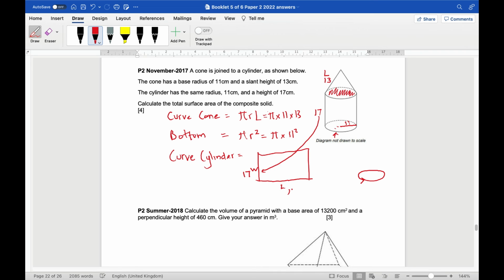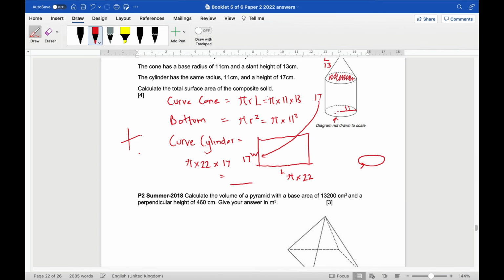So the length of the rectangle is pi times the diameter of the circle, which is double the radius, which is 22. So my curve would be pi times 22, which is the length of the rectangle, times the width of the rectangle, and I'd work that out there. I then have my three important surfaces, the curve of my cone, the bottom, and the curve of the cylinder, and I can add them all up to get the total surface area.